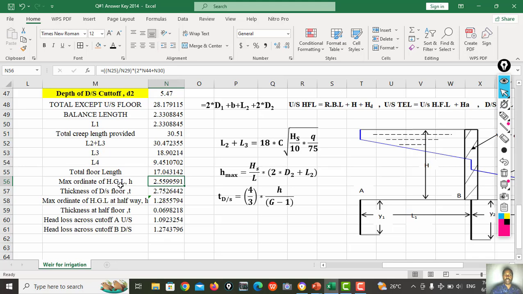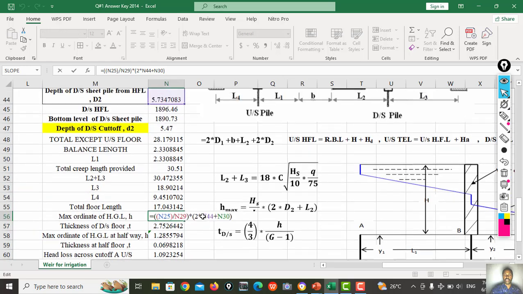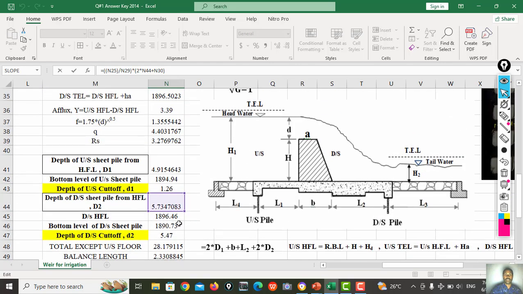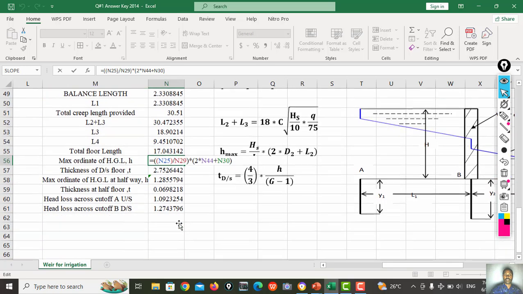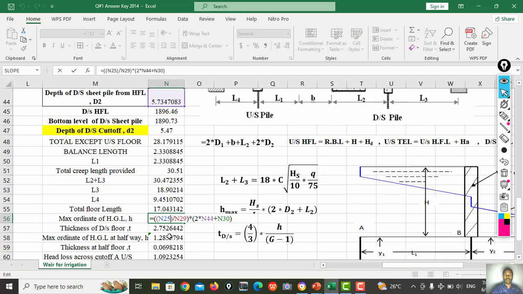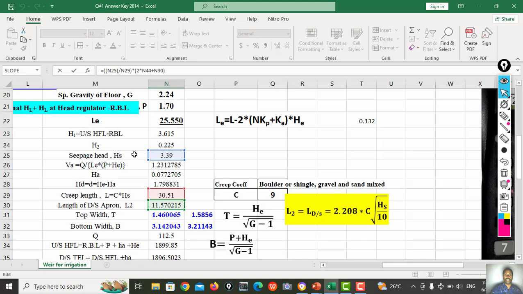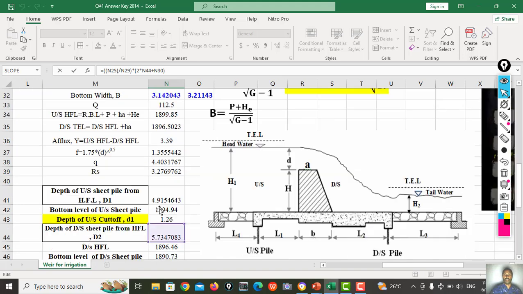Then the maximum ordinate of hydraulic drain line will be, you see this is seepage head, then you have creep lengths, and then L2.